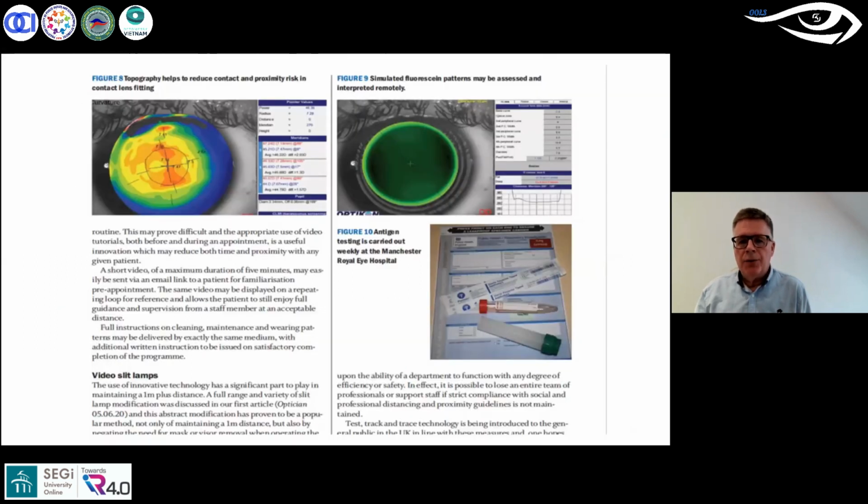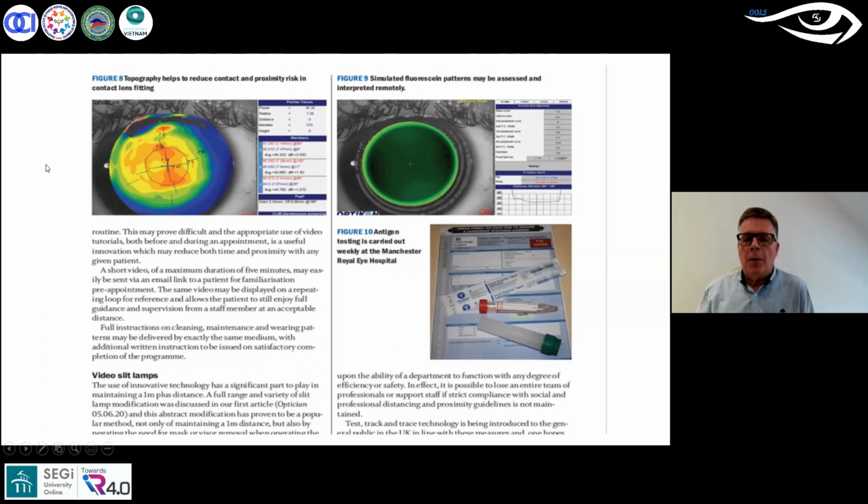Now, in the second article, you'll see here a topography. This is a fairly straightforward topography, and we're going to revisit this topography more than once this afternoon. You can see I've also made a reference to video slit lamps, which are also very useful. But today is all about topography and keratometry. You can see there's an image here of a rigid gas permeable contact lens.